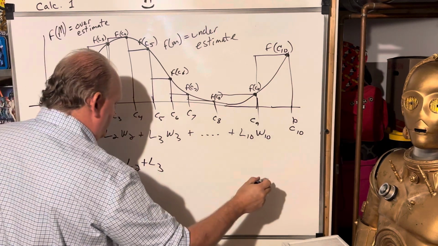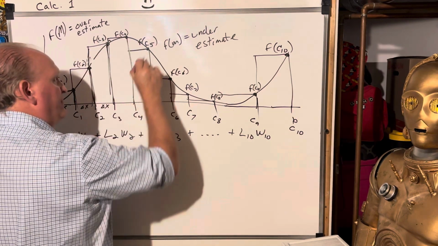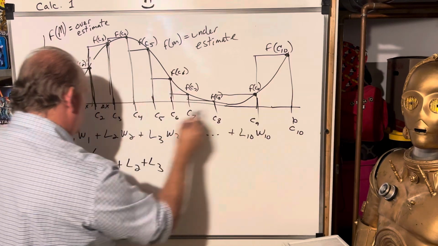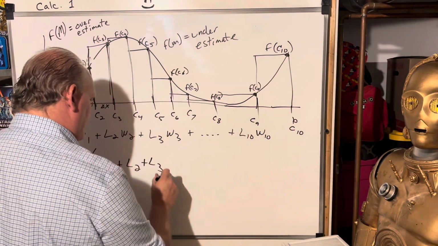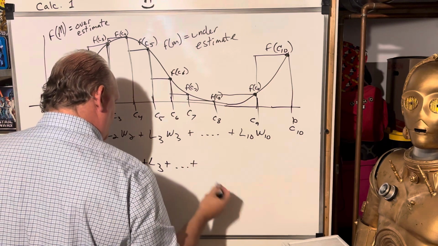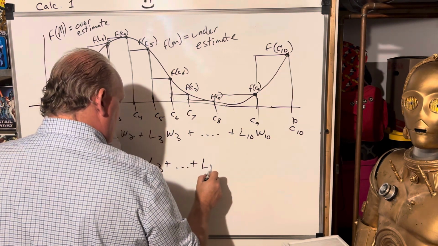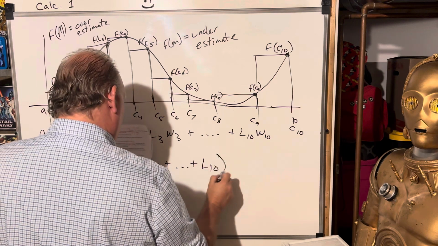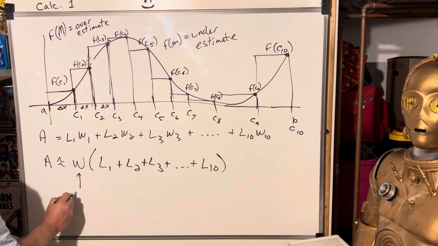I'm going to add all those up. If I just add these lengths up and then multiply them by W, I'll get an approximation for the area, instead of doing it over and over and over again. And that is the change in x.